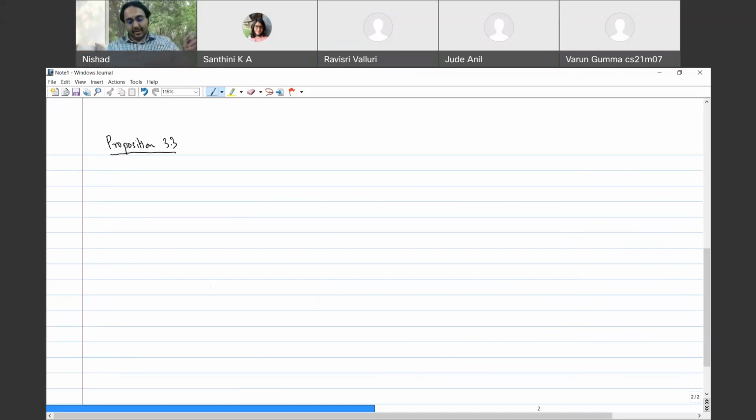Okay, so the proposition is, let's say you are given a max flow instance and x is any ST flow and delta plus of U is any ST cut.